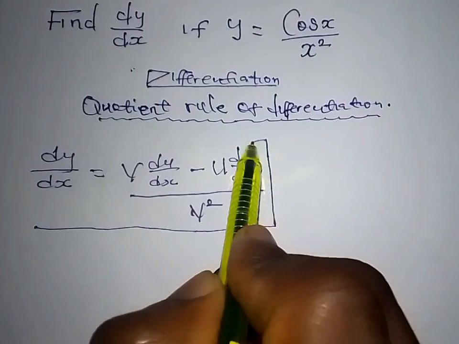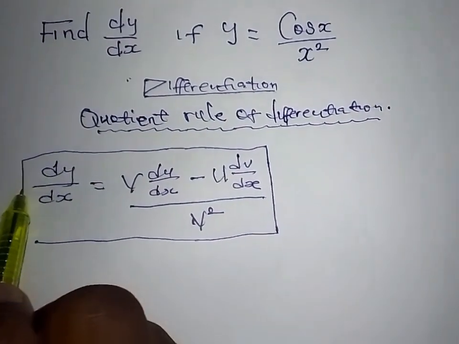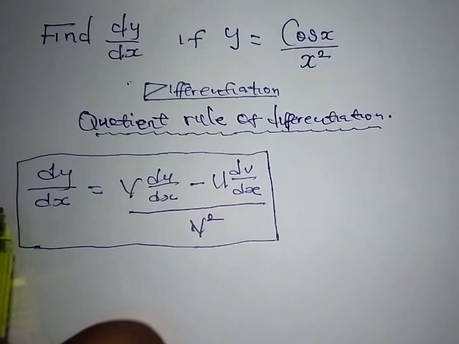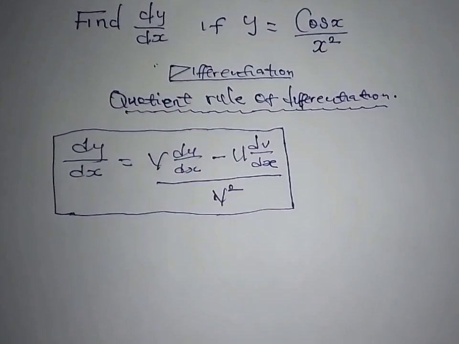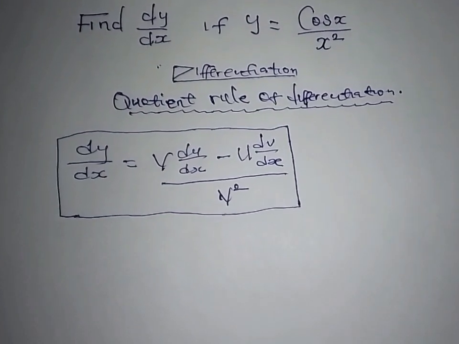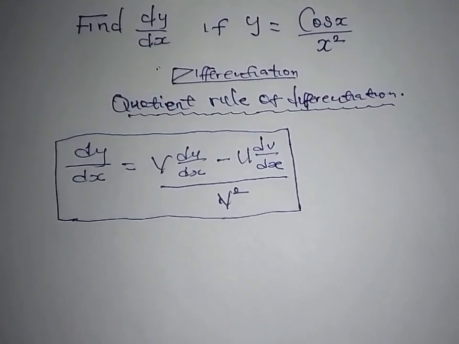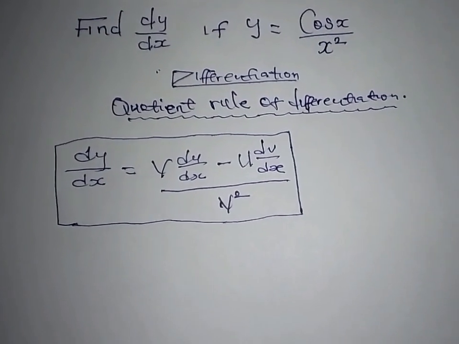This is the formula for quotient rule. I'm following it step by step so that after watching this video you can be able to solve any problem that is solvable with the use of quotient rule.